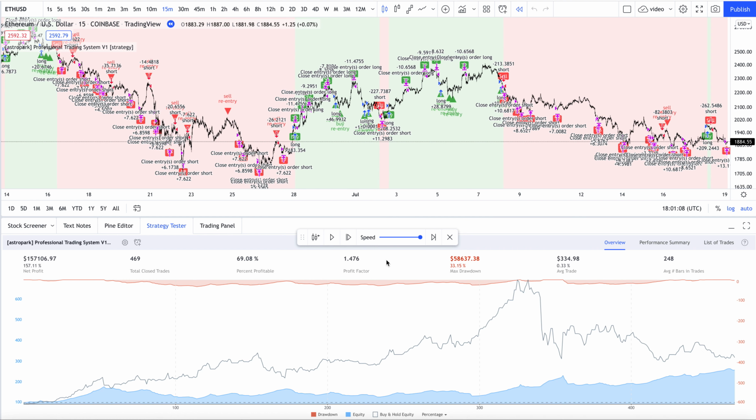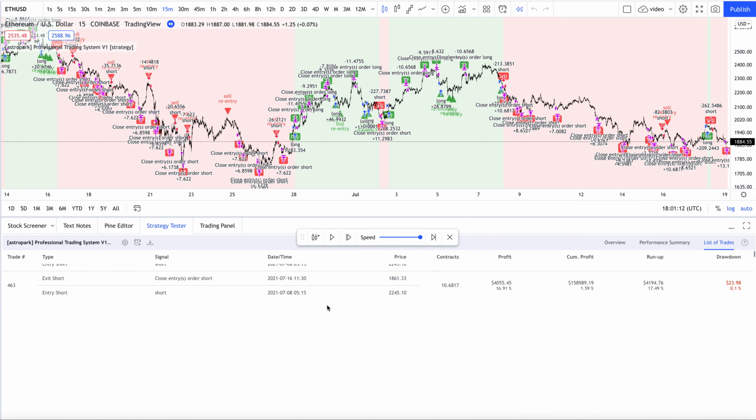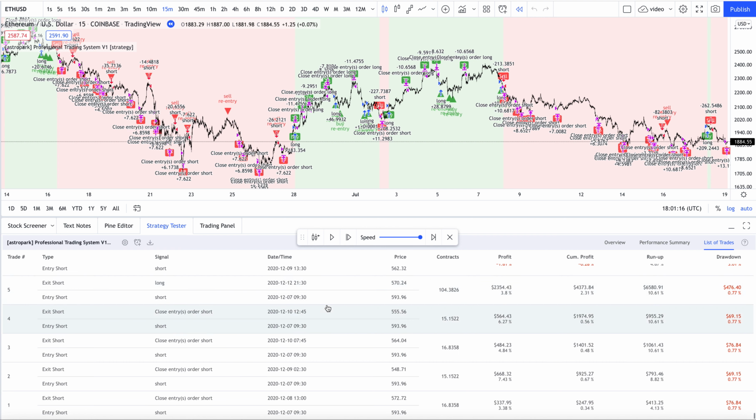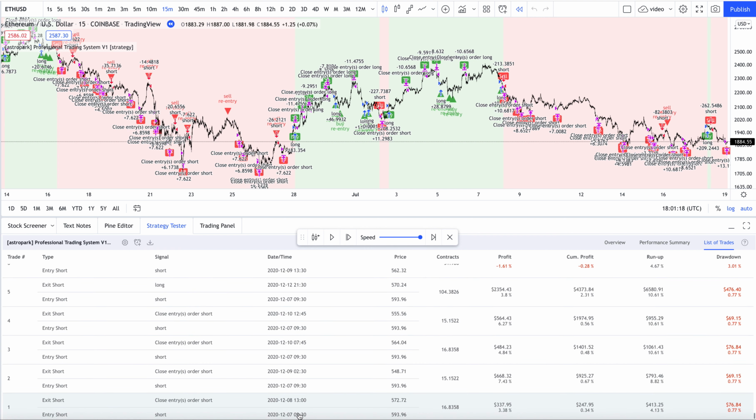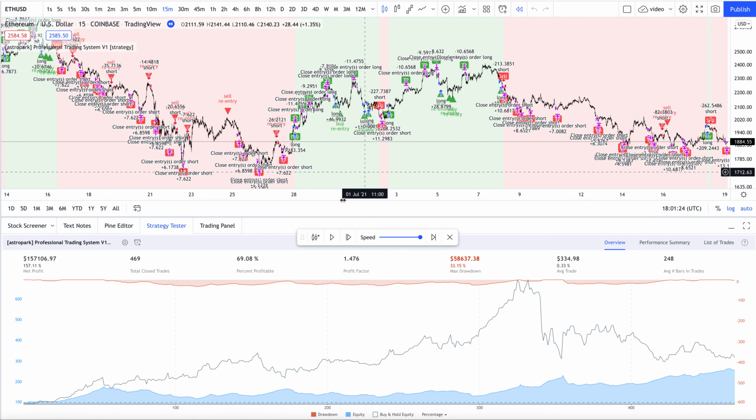We are going to test from the middle of July till December, so almost 8 months of backtesting. As you can see, the net profit is huge. Numbers are good. Max drawdown is acceptable considering the net profit.